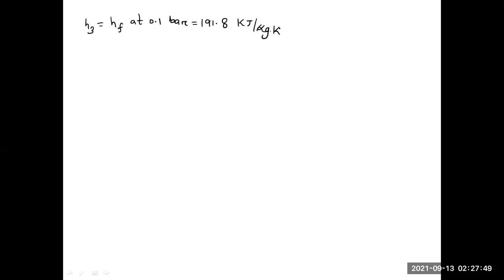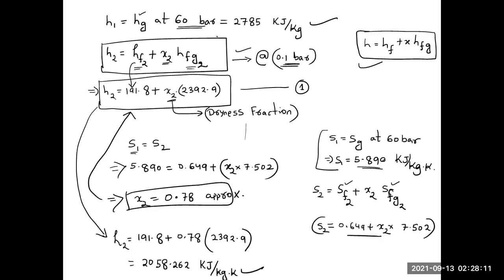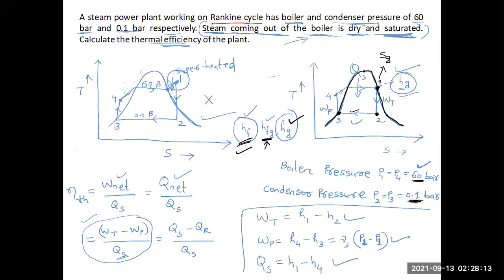Now we will switch over to the final one, that is the value of H4. Enthalpy at point 4 we have to calculate. For pump work I have given you some formula. We have calculated enthalpy at point 1, we are done with H2, we are done with H3.